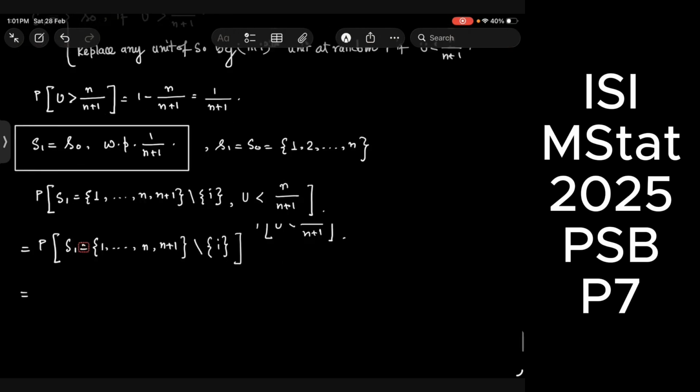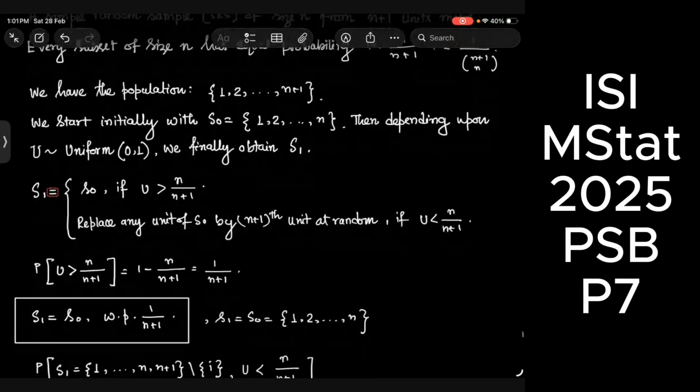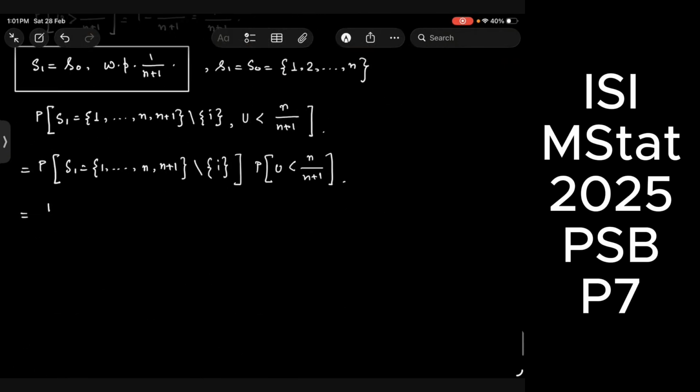So we will remove uniformly. We will uniformly replace, that is 1 by n, and it will be n by n plus 1. Okay.